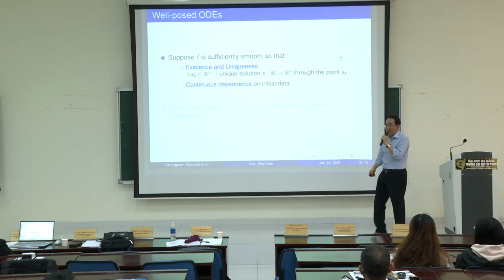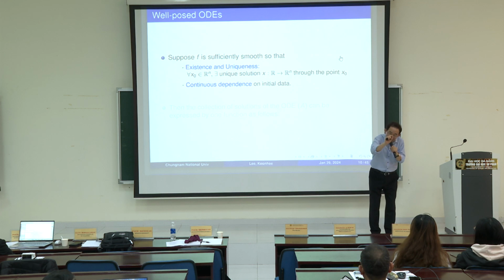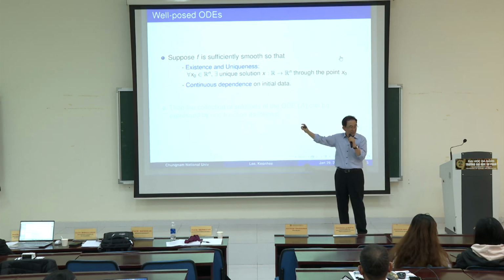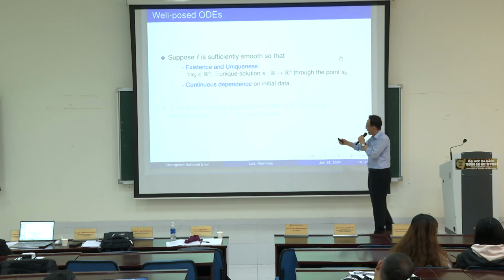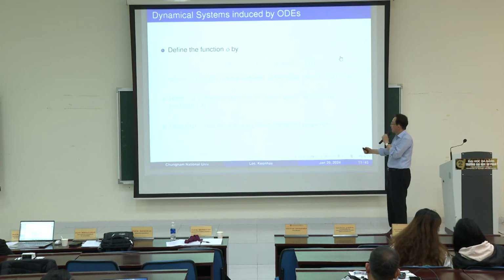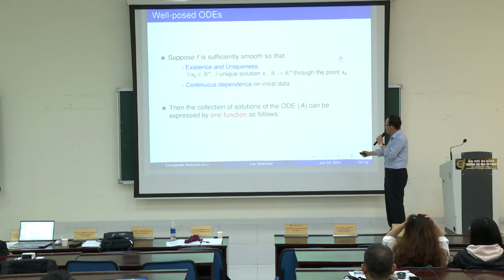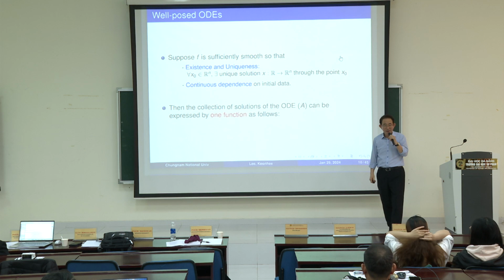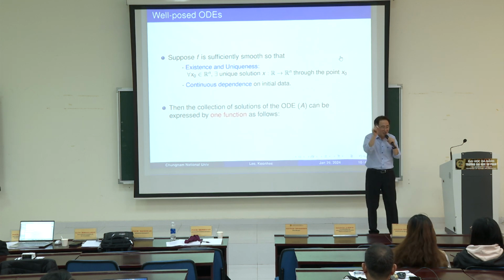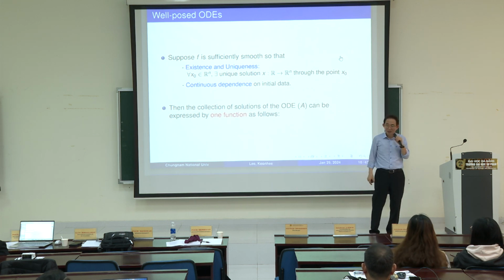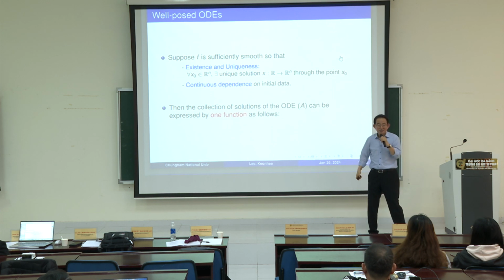And for continuous dependence, it means if the initial point is very near, the solution is near. That is continuous dependence. Then the collection of all solutions of a given ODE can be expressed in one function. Who did this? Poincaré did.